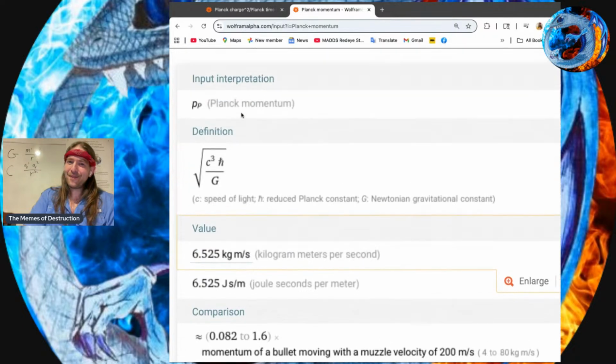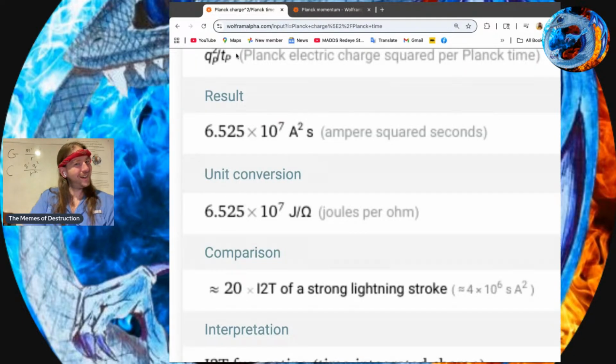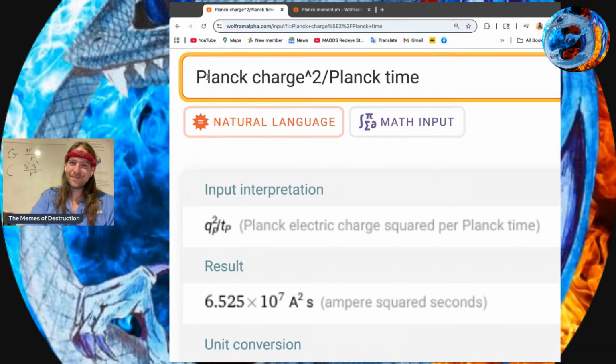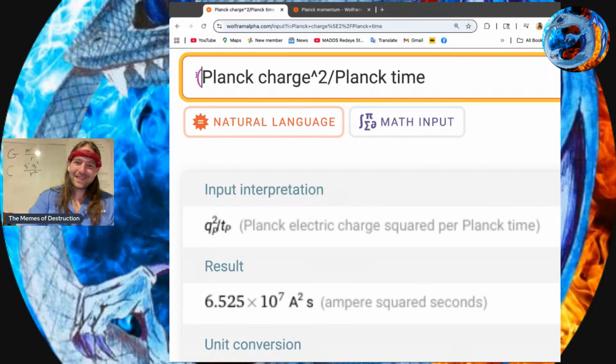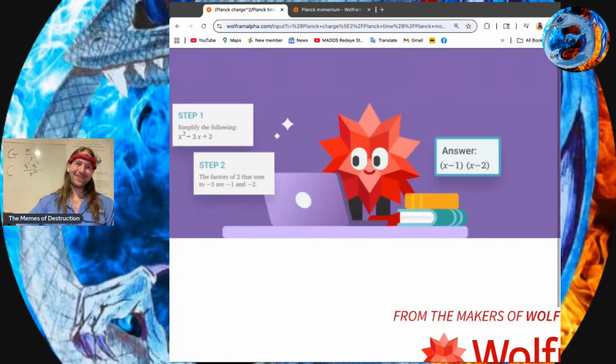So I'm like, well, if that's the Planck momentum, maybe we could see what the factor that relates them is. Shall we? We shall. So let's just take this whole thing and divide the Planck momentum into it. Let's see what we get.